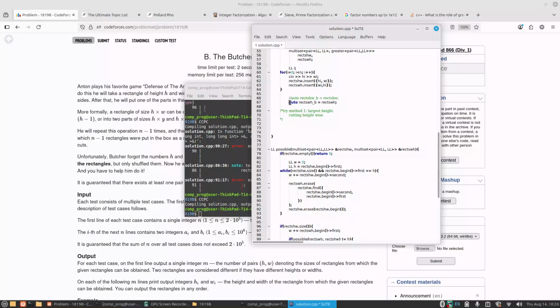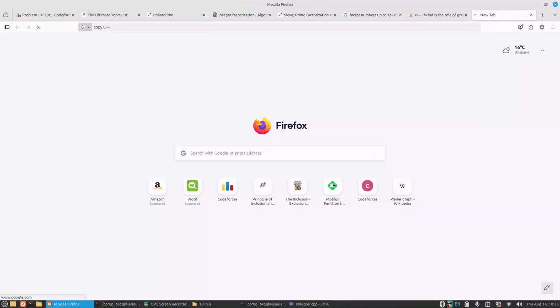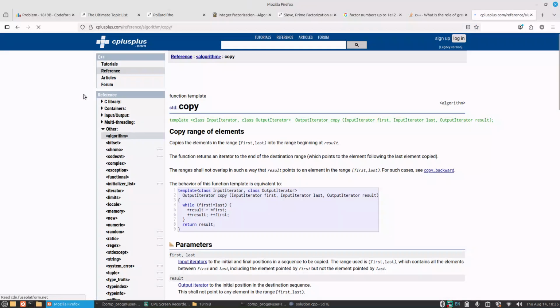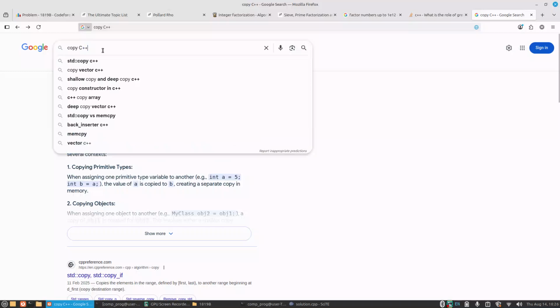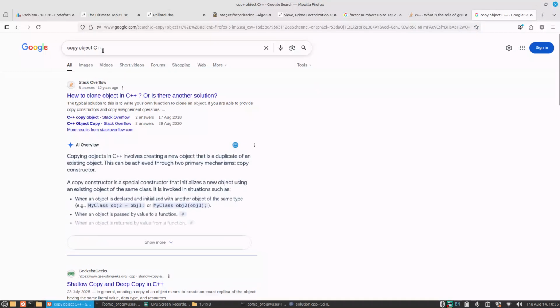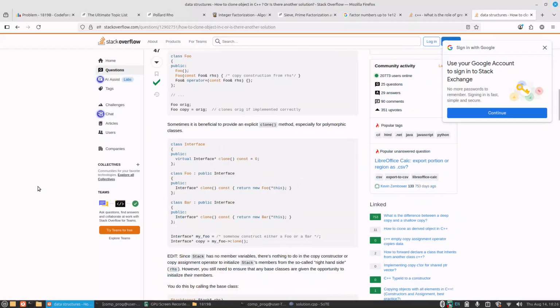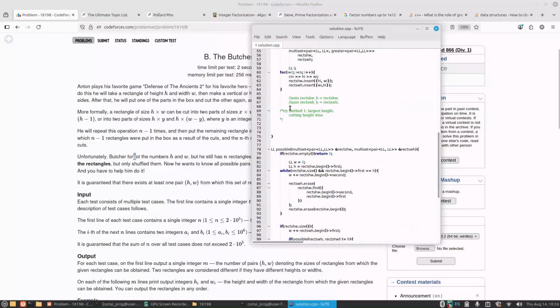Actually, I should probably learn how to use copy in C++. Actually, yeah, we just do this.